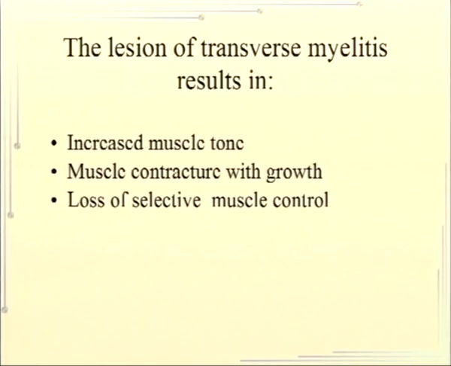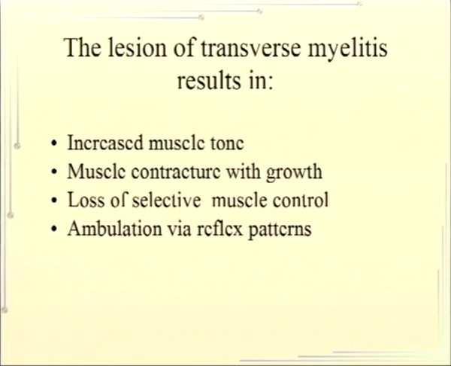This coordination is lost. As a result, ambulation will often occur due to reflex patterns that may not be the patterns that the individual wants to use at a given time, and difficulties with the balance.